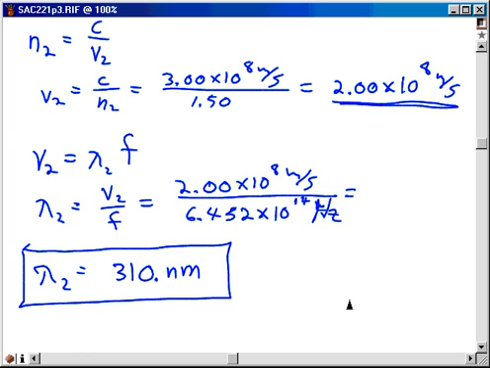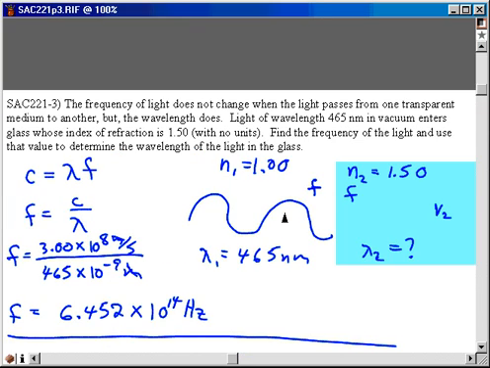So we get 310 nanometers for the wavelength of the light inside there.